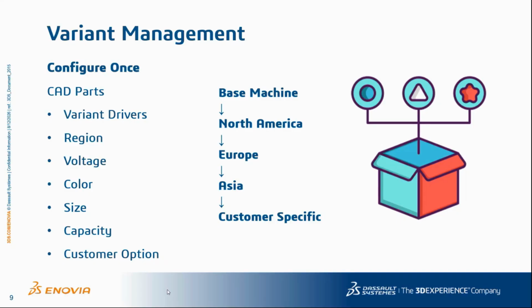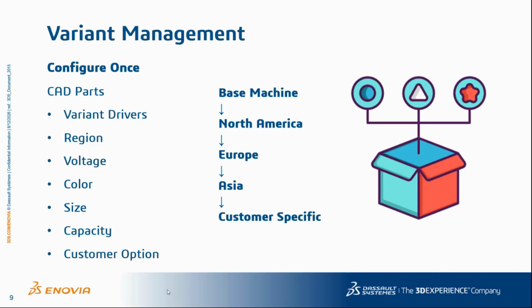So instead of creating multiple CAD assemblies, this product architect manages product variants through intelligent rules. All you have to do is configure one. Your CAD parts have to be configured based on parameters. These are some example parameters: your variant drivers. It can be classified based on your region.